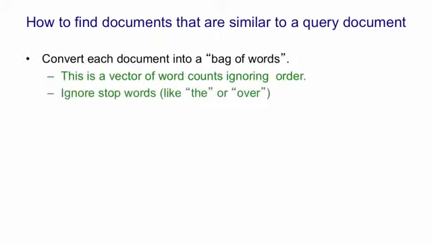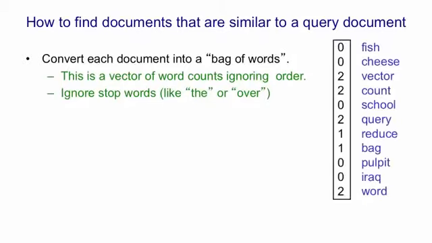We ignore words like the or over, which are called stop words, because they don't have much information about the topic. So if you look on the right, I've done the counts for various words, and they're actually the counts for the document on the left. So if you look at what words we have non-zero counts for, they're vector and count and query and reduce and bag and word. That tells you quite a lot about what the document is about.